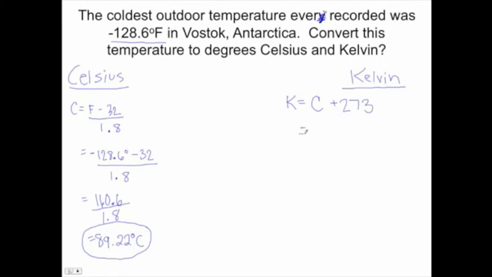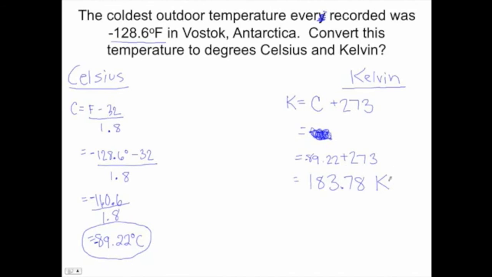So we've got negative 89.22, and we're going to add 273 to that. We should get a number that's less than 273. And you should get 183.78, and that's going to be your Kelvin.